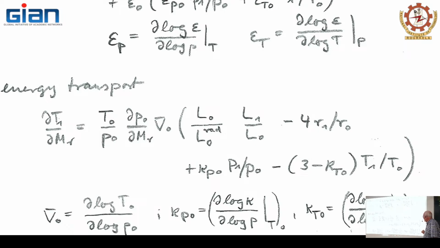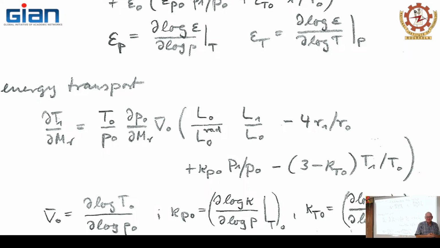So these are the linearizations of all the terms on the right-hand side. For simplicity, we have taken out of this bracket some of the quantities referring to the hydrostatic model, which is essentially the pressure gradient, temperature and pressure, and the nabla 0, which is d log T by d log P for the hydrostatic model we have determined. So this is d log T0 over d log P0.